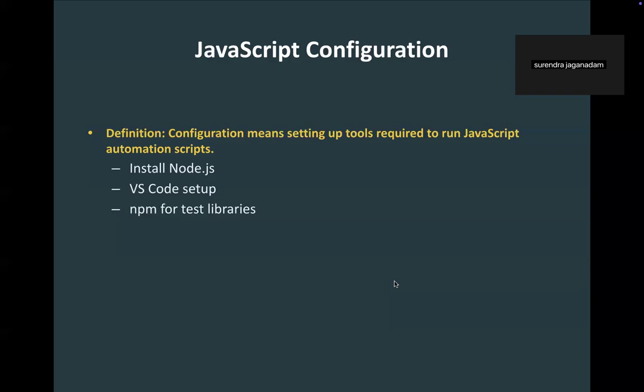Immediately a question comes to our mind: Surendra, you said an editor, which is perfectly all right, as I need to write the code, definitely I need an editor. Then why do we need Node.js? What is the significance of Node.js? Ideally, when you download Node.js, it comes with a node package manager, which we will refer to as npm. This npm comes with a lot of open source libraries and various tools.